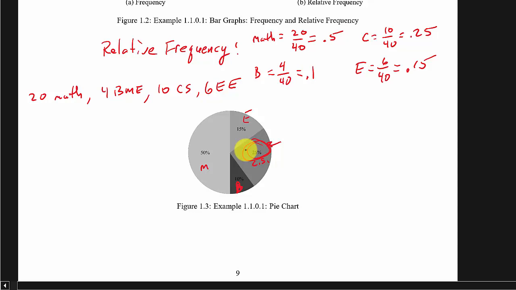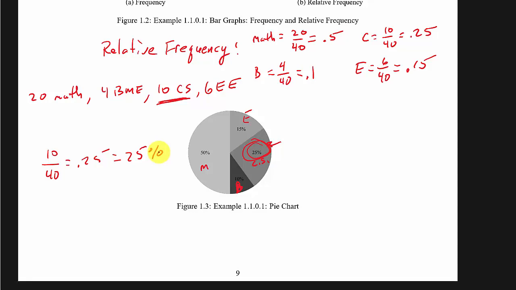All right, so let's look and see how we get this right here. Okay, so there's 10 students in computer science. So that would be 10 over 40, which equals 0.25, which is 25%. Okay, 25% of the students are in computer science.